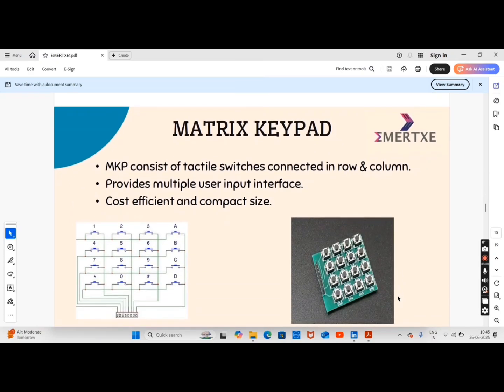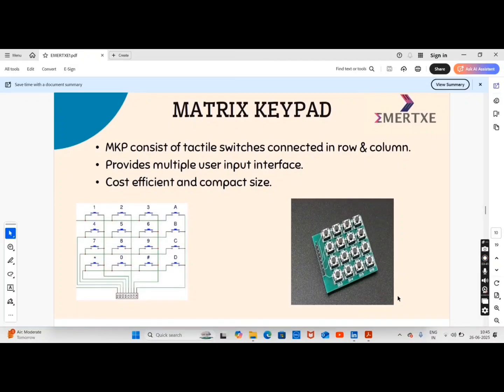Now we move to the next slide, matrix keypad. What is a matrix keypad? A matrix keypad consists of tactile switches which are connected in rows and columns. In our project, we use tactile switches in rows and columns. It provides multiple user input interfaces.